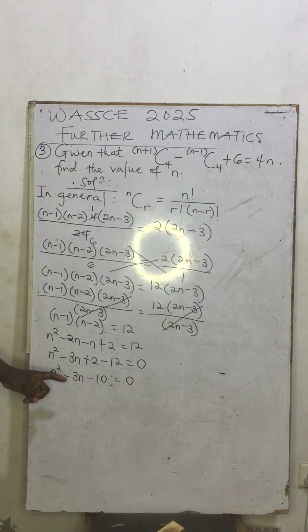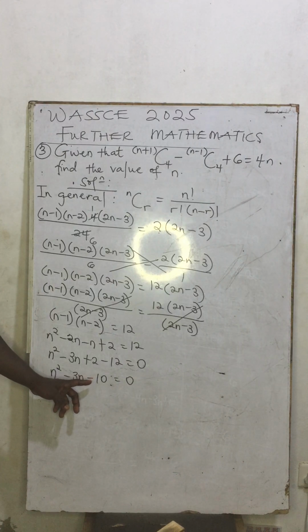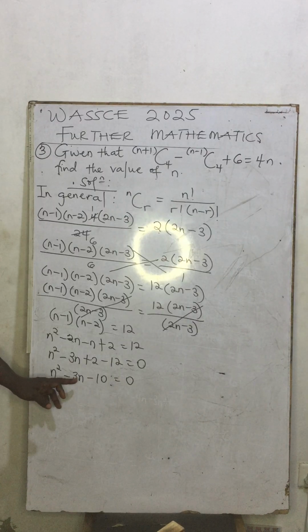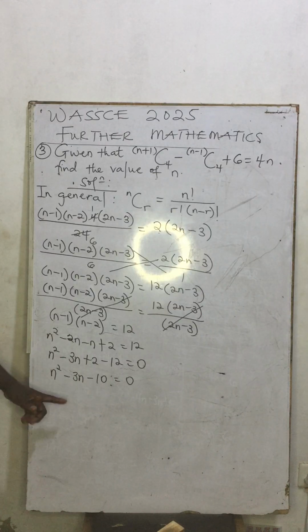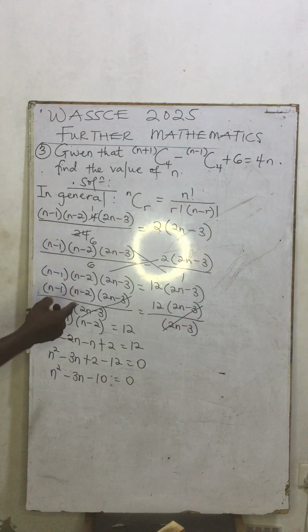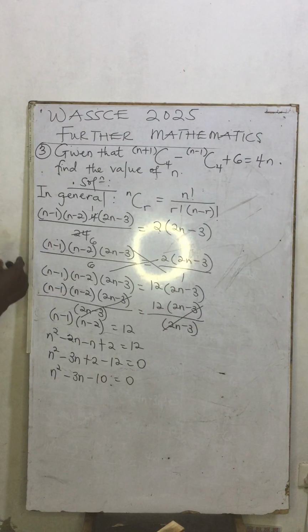So now negative 10 times 1 is negative 10. We just look for the factors of negative 10 that when we add or subtract, we get negative 3. So let's say 2, 5, 10, right? So 2 and 5. When we negate 5, then we drop positive for 2, we will get negative 3.